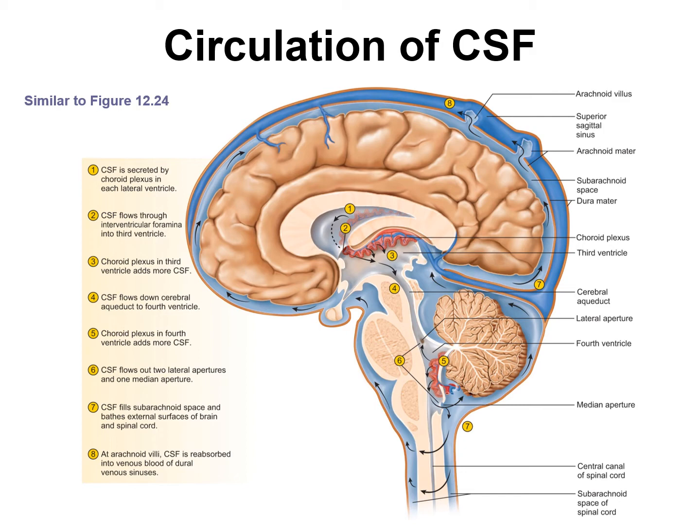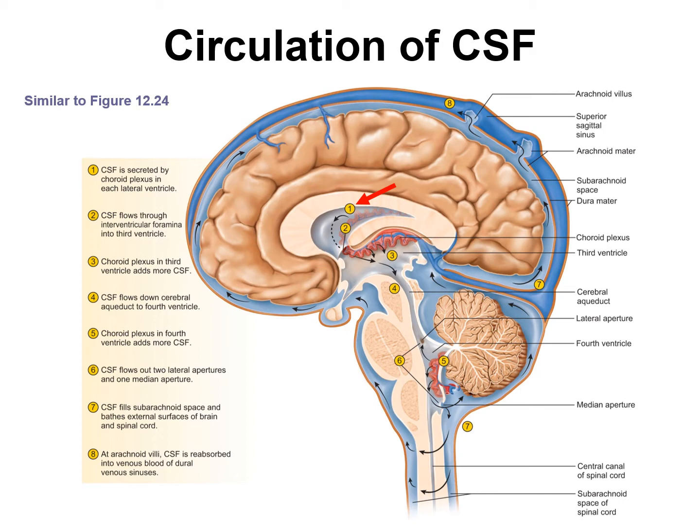Let's take a moment to describe the circulation of cerebral spinal fluid, starting with its production in the choroid plexus of the lateral ventricle and ending with its reabsorption back into the venous blood supply, or in other words, the veins of the cardiovascular system. The choroid plexuses of the lateral ventricles produce the cerebral spinal fluid.